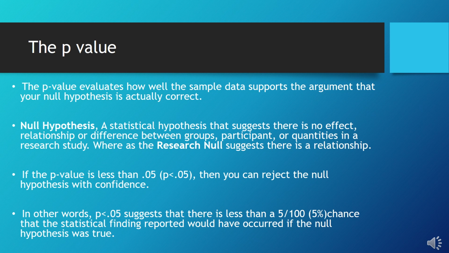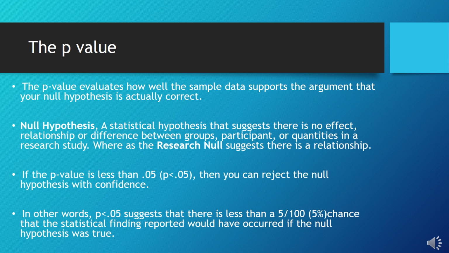Null hypothesis: a statistical hypothesis that suggests there is no effect, relationship, or difference between groups, participants, or quantities in a research study, whereas the research null suggests there is a relationship.